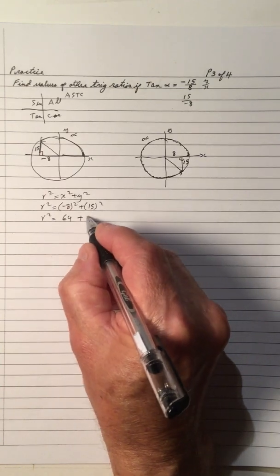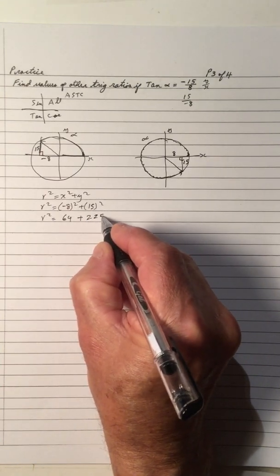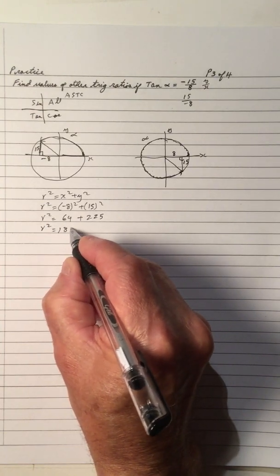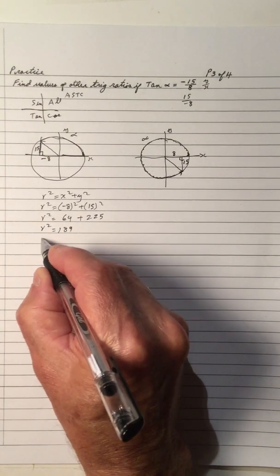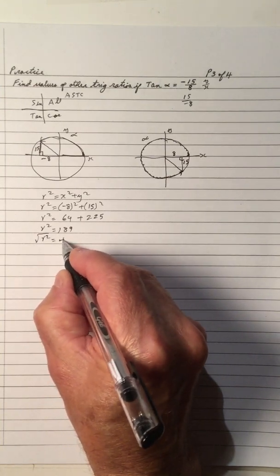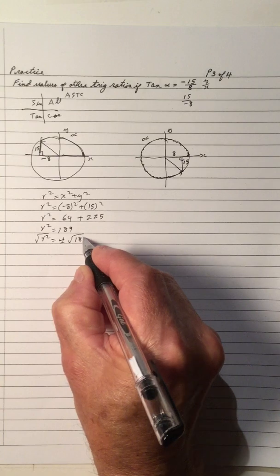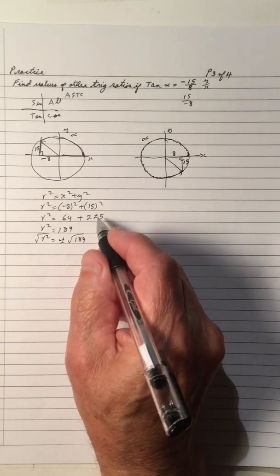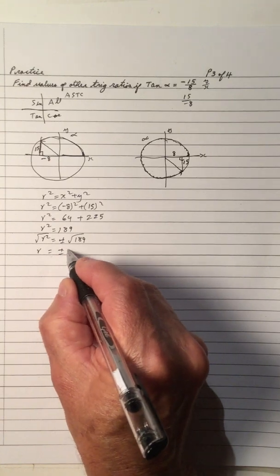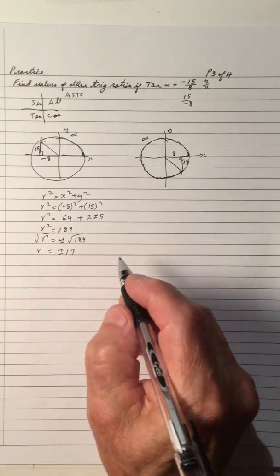If you use 15 or negative 15, you're still going to get 225. So r squared is 289. So the square root of r squared is plus minus the square root of 289, and the square root of 289 is plus minus 17.